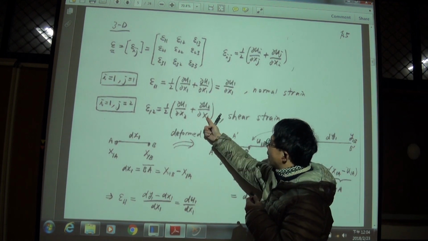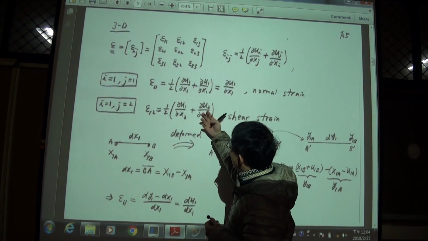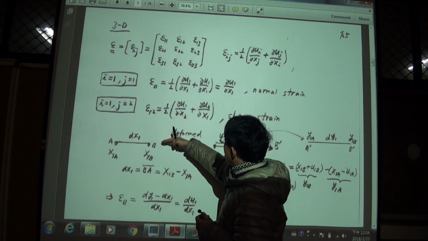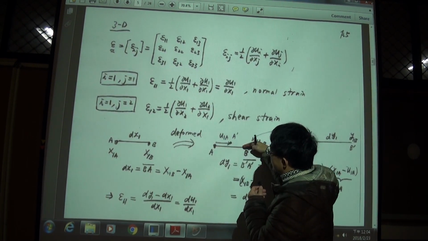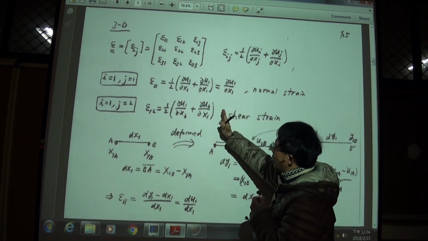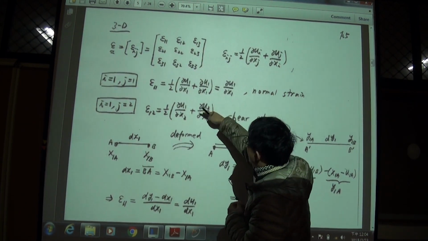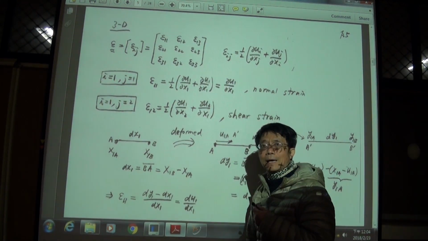See here, we have dx1, we have the material line, dx1. Now we have the displacement not in the horizontal direction, it is in the vertical direction, u2. u1 is in the horizontal direction, u2 in the vertical direction. Understand?